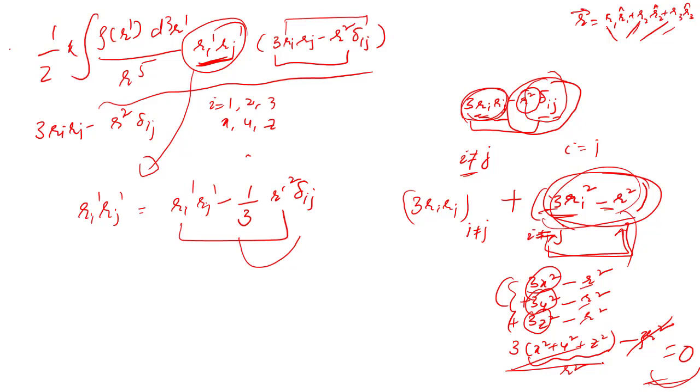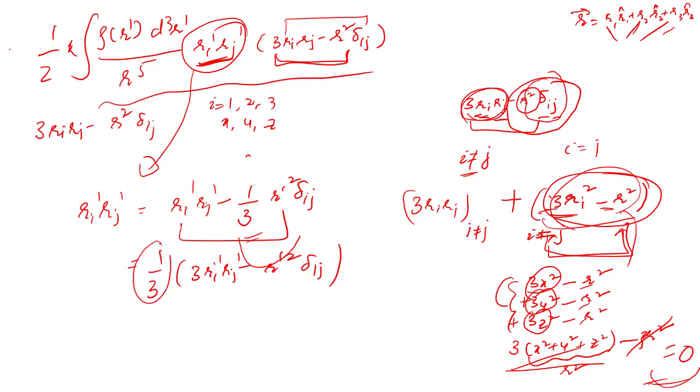So it zeroes out. So just to make this symmetric with the unprimed coordinates, we can do that, or I can write this as 1 over 3 times 3 ri prime rj prime minus r prime squared delta ij.